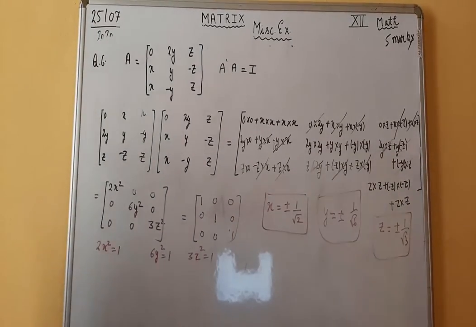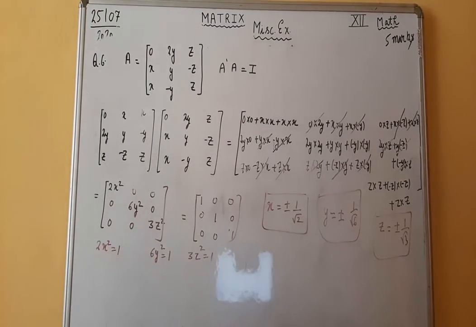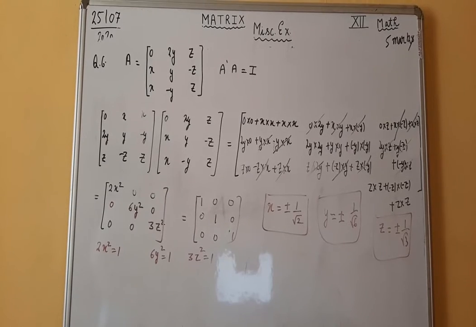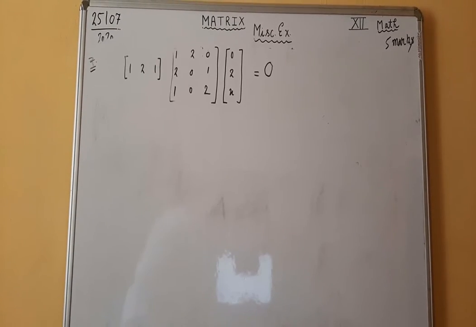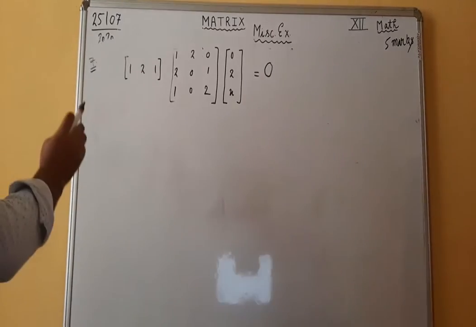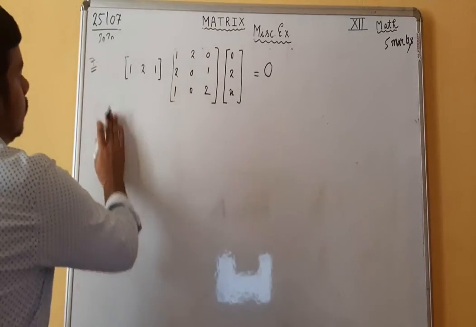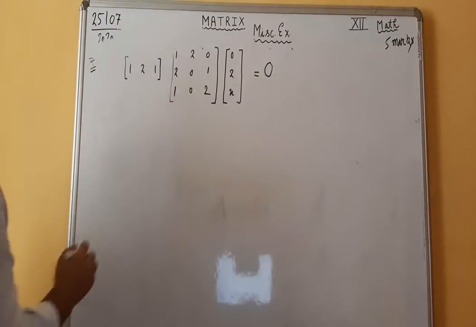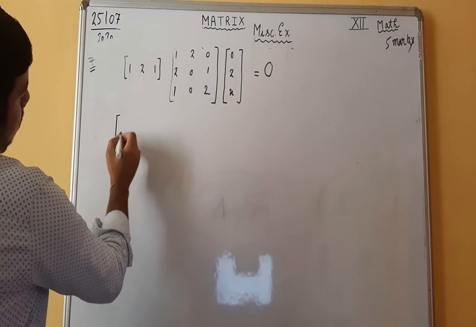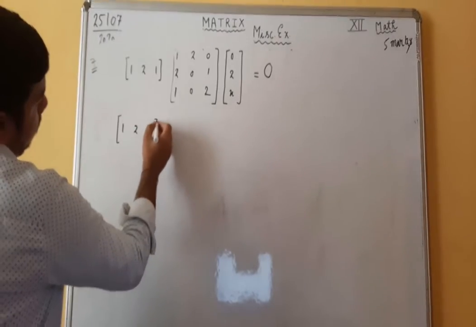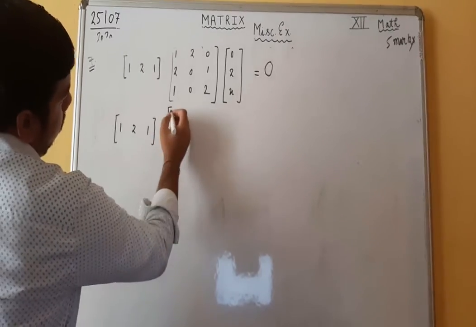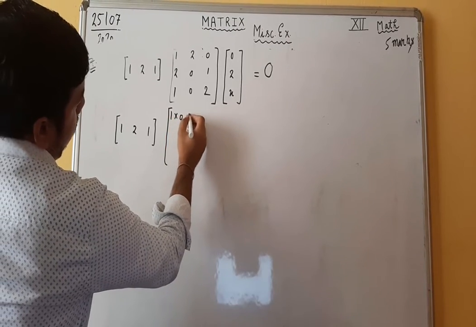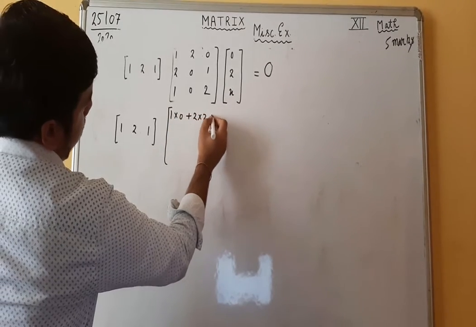Now, see the next problem, problem number 7. In this problem, you are given an equation and we have to find the value of x. So let us see. Just multiply the matrices. First row, first column: 1 into 0 plus 2 into 2 plus 0 into x.